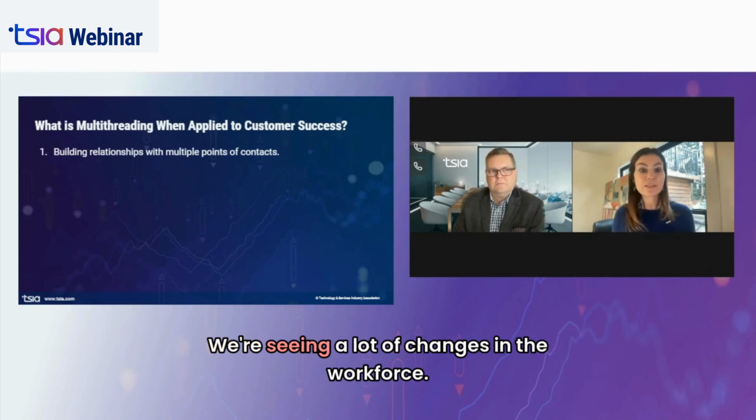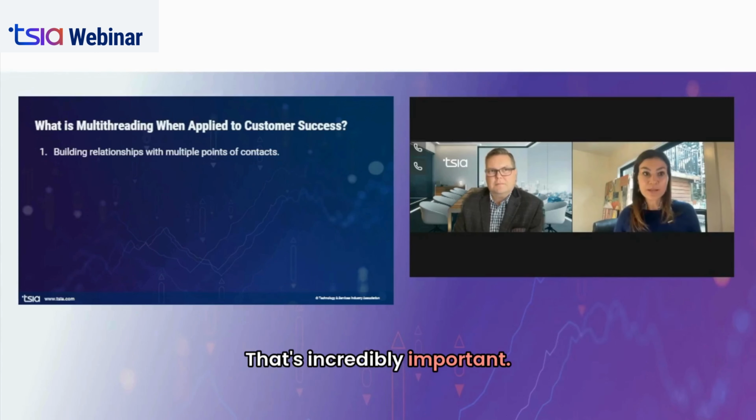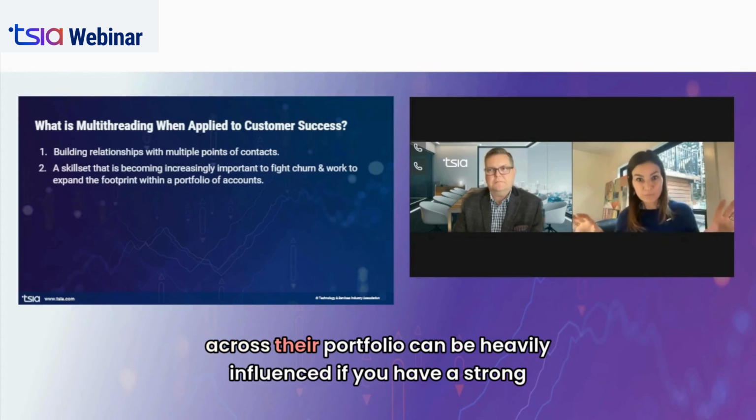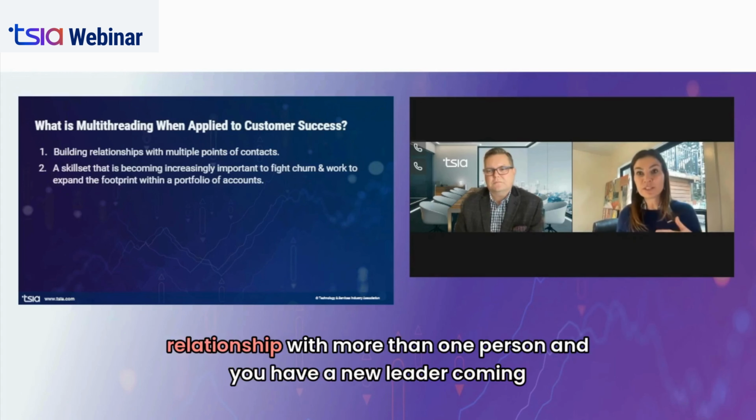Someone leaves. We're seeing a lot of changes in the workforce. That's incredibly important. The second is the skill set around fighting churn and working with clients across their portfolio can be heavily influenced if you have a strong relationship with more than one person and you have a new leader coming in.